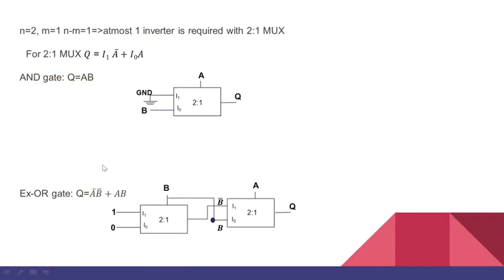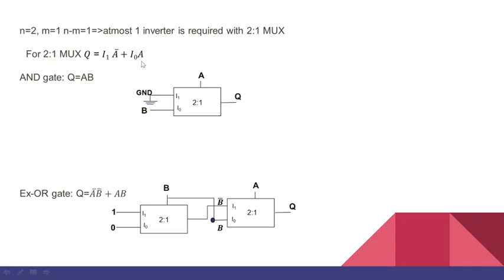Let's solve that. So n there is 2 and m is 1. So n minus m equals 1. So at most one inverter is required with 2:1 mux. We are not provided with any inverters, only 2:1 mux. So we have to solve AND and XOR using 2:1 multiplexers.